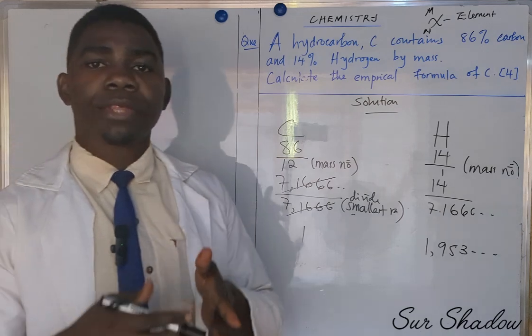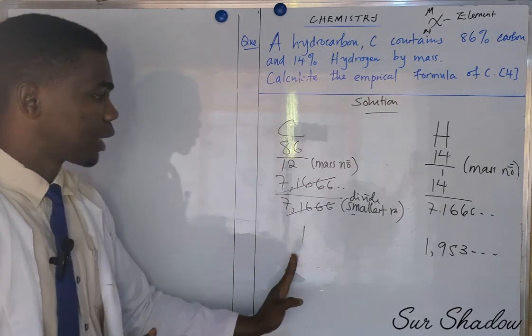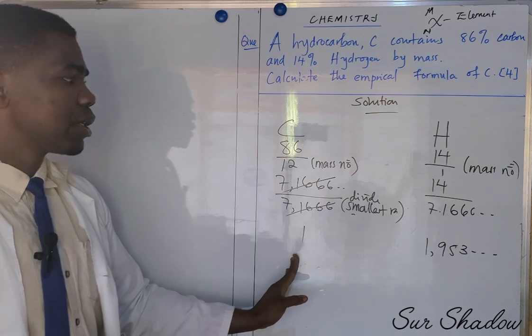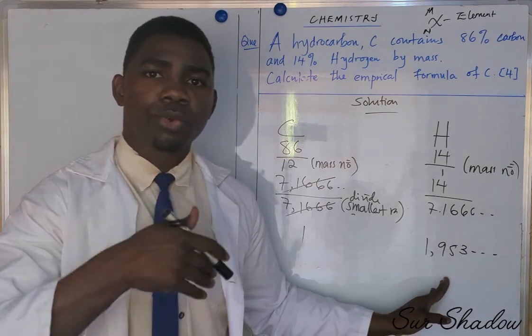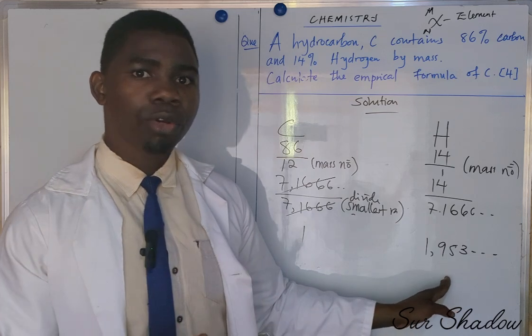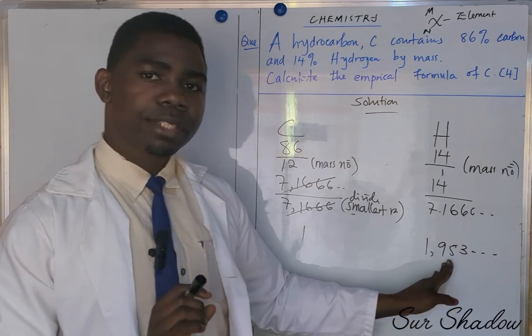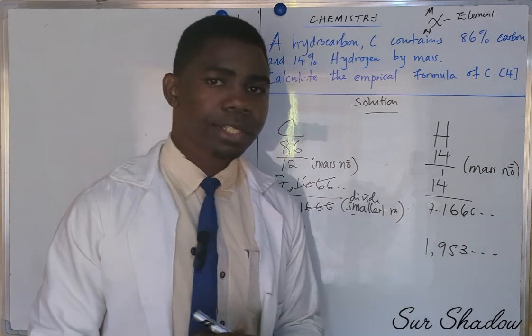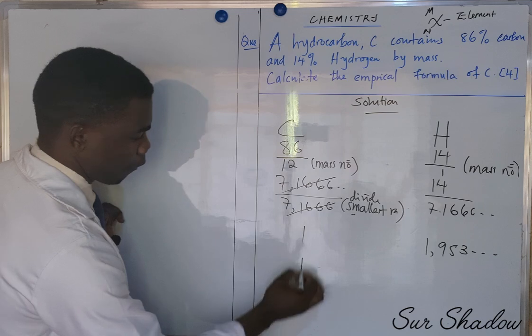Remember, we want to come up with the empirical formula. So we have the ratio for carbon. We only have 1 carbon here. For this number, we are going to round off to the nearest whole number. Application of mathematics. This one is already rounded off with 1 here.